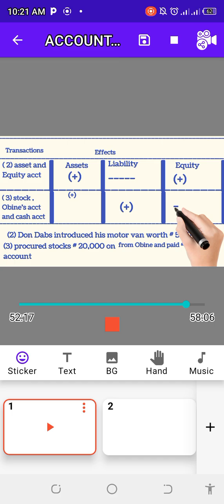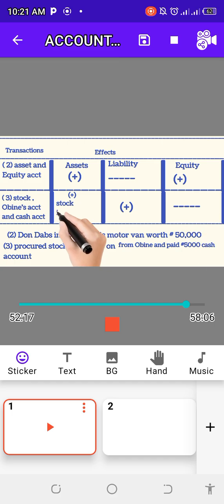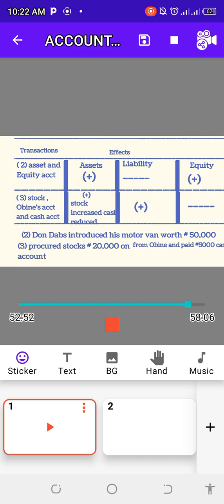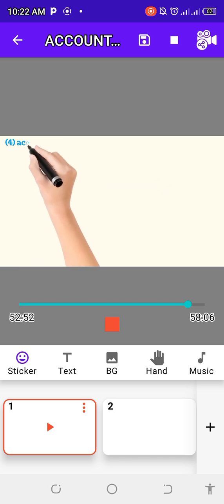There is no effect on equity because the stock was purchased with cash and credit. Stock increases, then cash what? Reduces. That is the effect. So this transaction affected three accounts. Every transaction must affect at least two accounts. That means it may affect three accounts, as in this case.